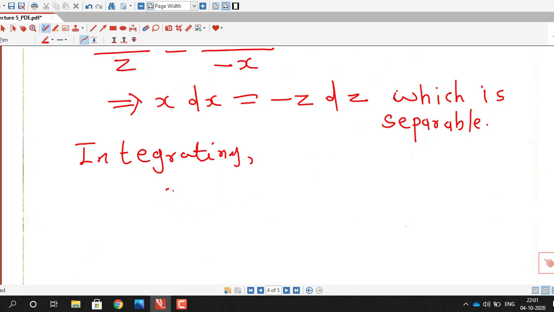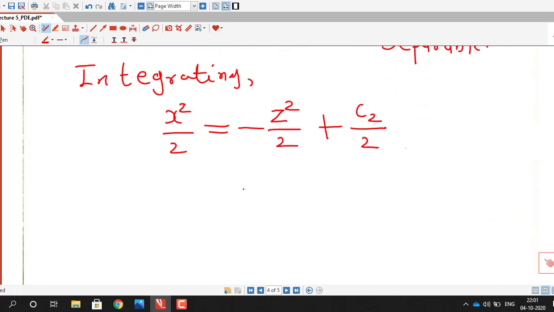Integrating, x square by 2 equal to minus z square by 2 plus say c2 by 2. Okay, constant of integration is written as c2 by 2 because there is a 2 in the denominator of remaining terms.